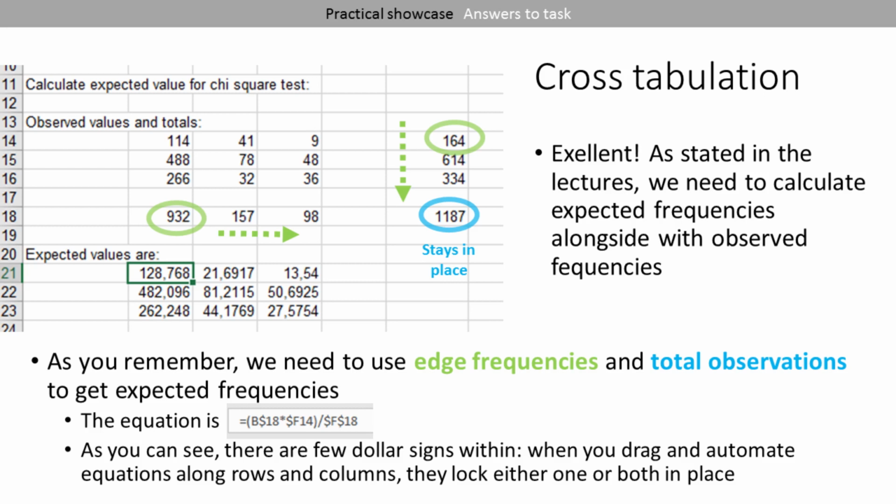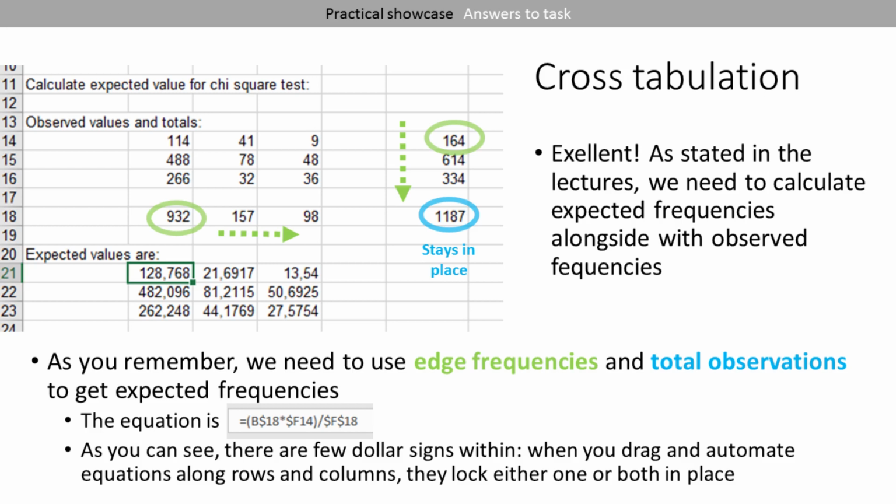And now we have the observed counts here, or the observed frequencies, and now we need to calculate the expected frequencies, and we get that by using edge frequencies and total observations, which are marked here.